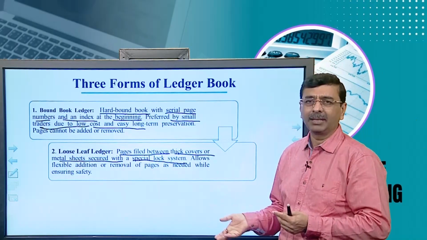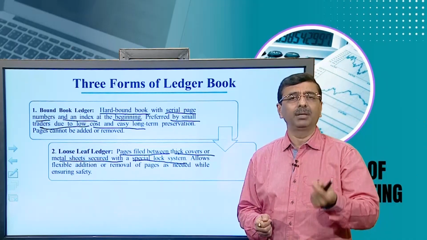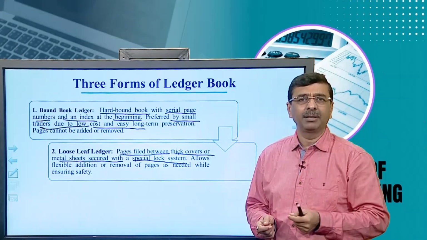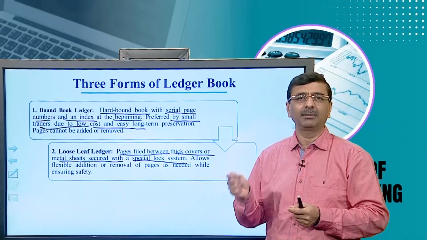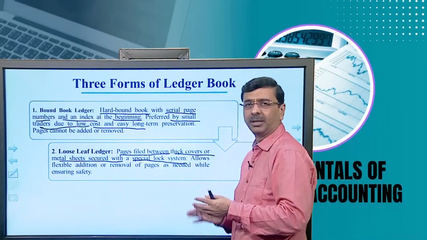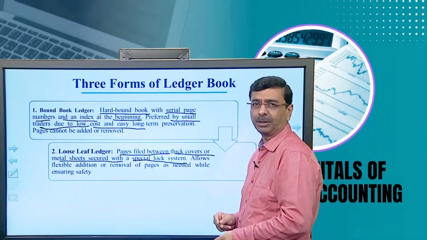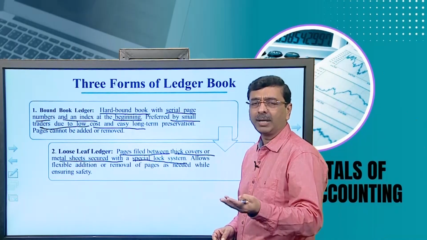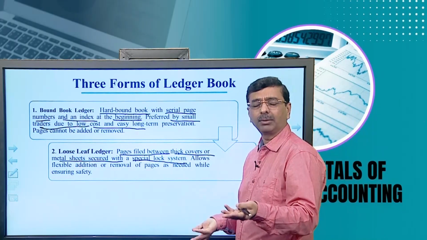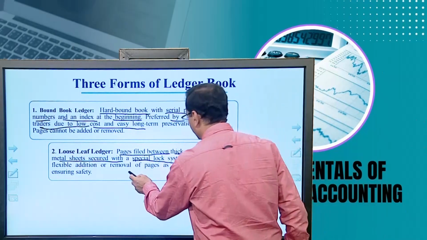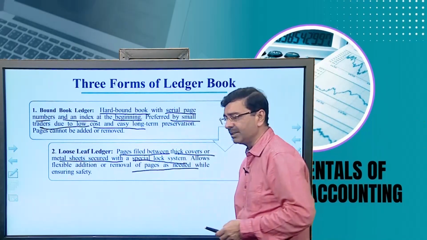You prepare the ledger name and ledger account on a page, and that page can be added to the particular file. You can remove as many pages as you want and add as many pages as you want. So, removal and addition of pages is very easy.